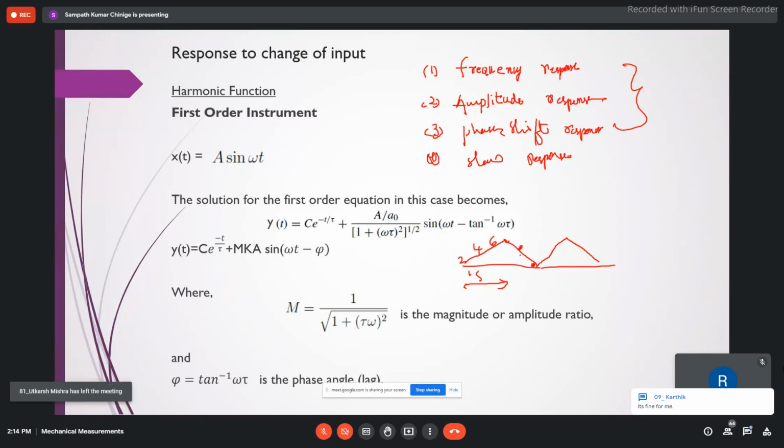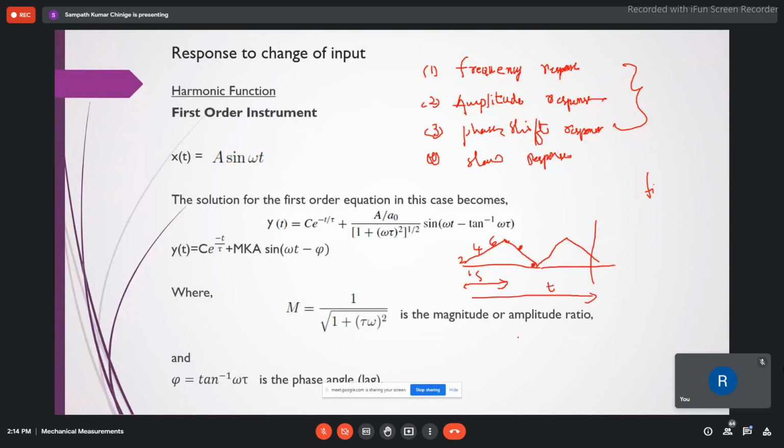So when I'm giving this kind of an input, how will my first order system respond? How will my second order system respond? So here it is dependent on time. Let us say this is the measuring system recorder, for example.